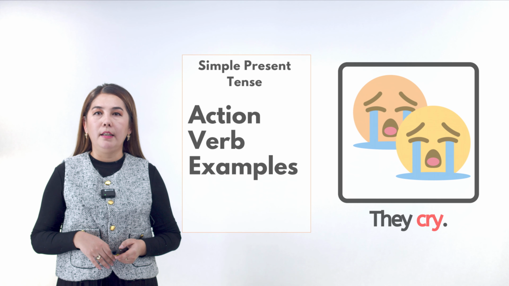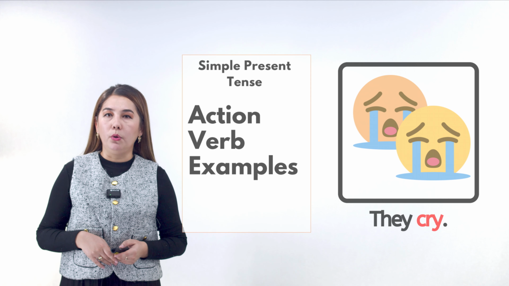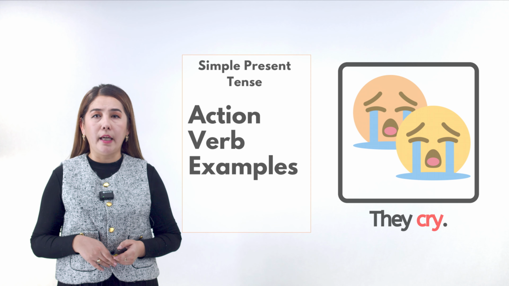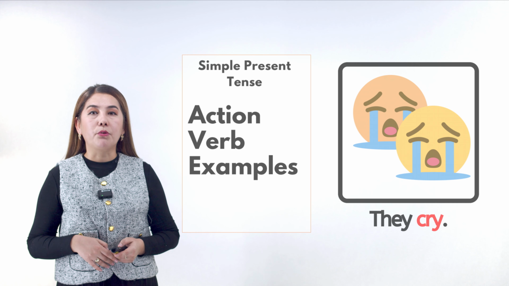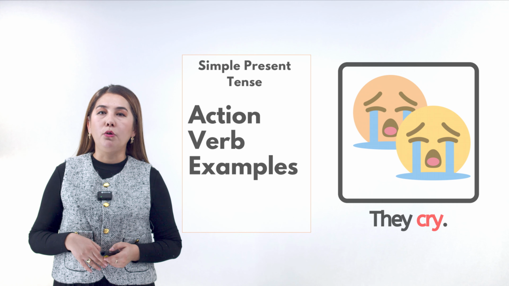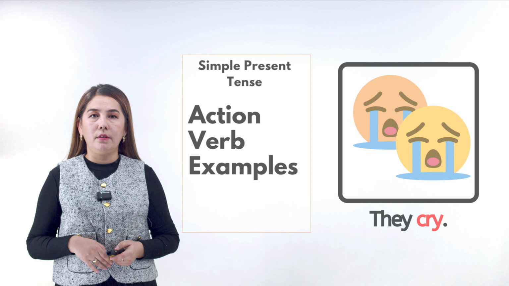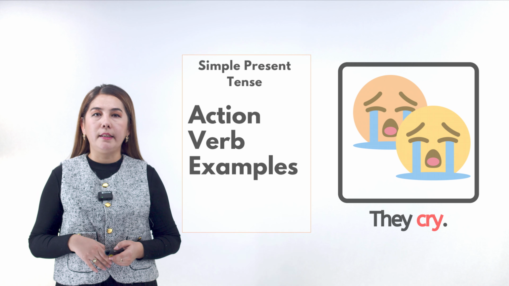The next sentence, they cry. The subject is in plural form, so we don't have to add any letters, s or es, after the verb. They cry. What about the question form of the sentence? Do they cry? The auxiliary verb do helps us in that case.